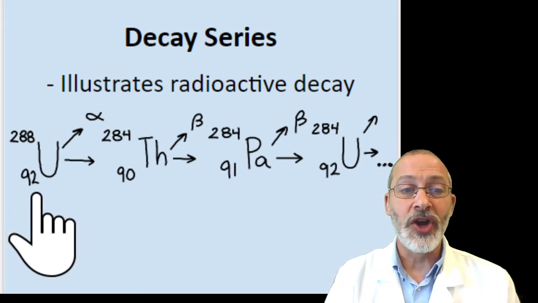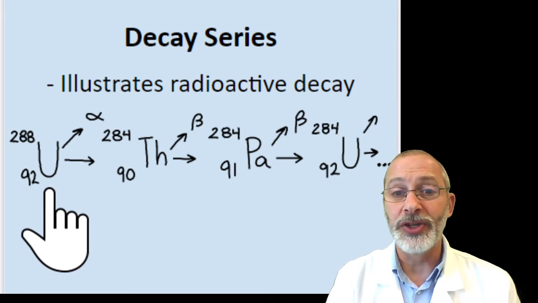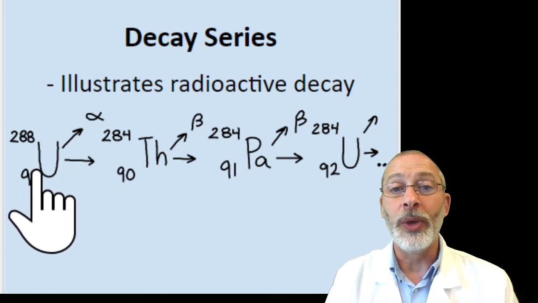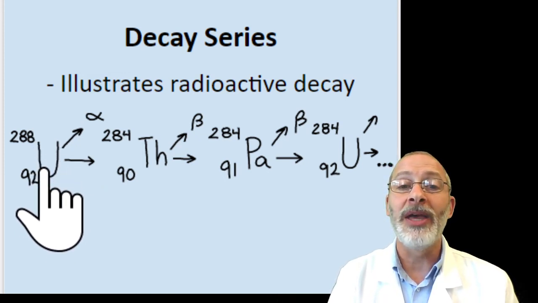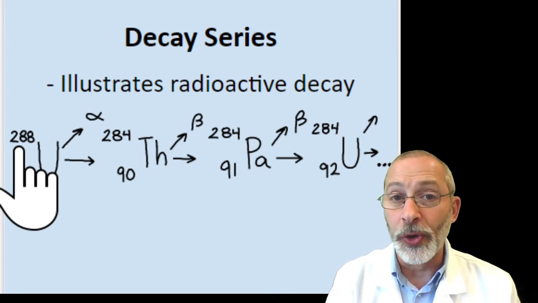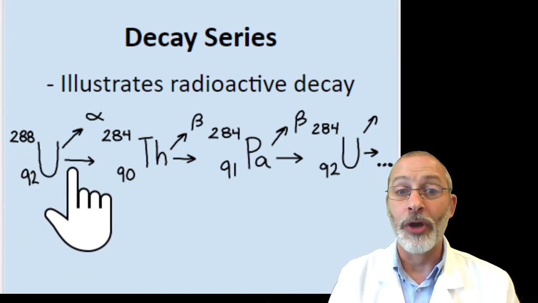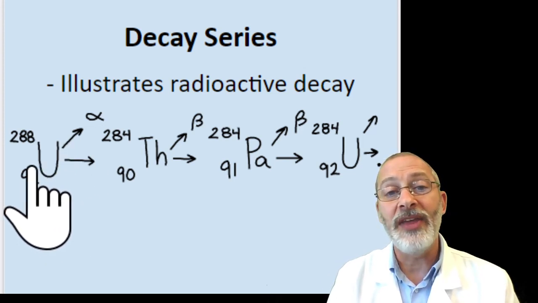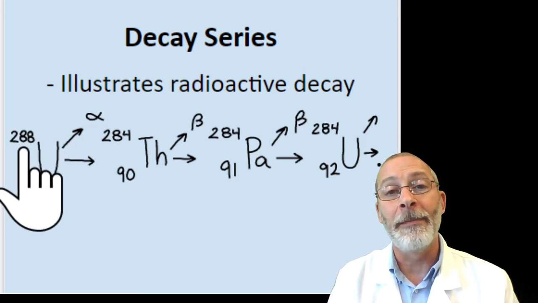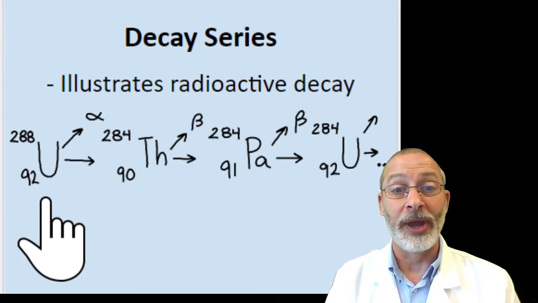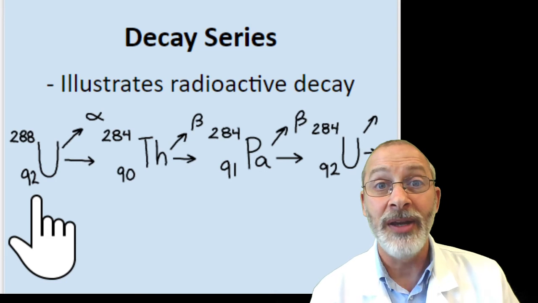We might start a radioactive decay series with a radioactive element like uranium, and we would refer to this uranium as uranium-288. This is an isotope of uranium, a radioactive isotope. And so we identify the isotope based on the atomic mass. But it's identified as the element uranium because of its atomic number.